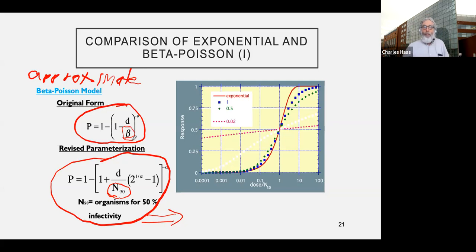So the key differences between beta Poisson and exponential: you see the exponential in the red solid curve. Beta Poisson are the other dashed curves on this graph, which are written at different values for alpha: 1, 0.5, 0.1, 0.02. The x-axis is dose divided by N50, so that all the curves coincide at the median effective dose.